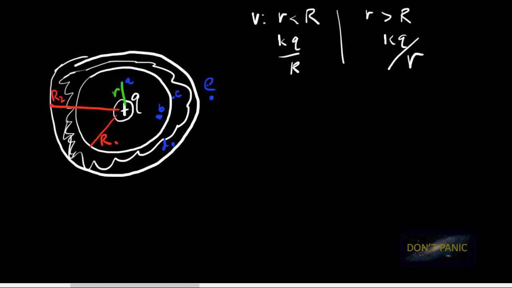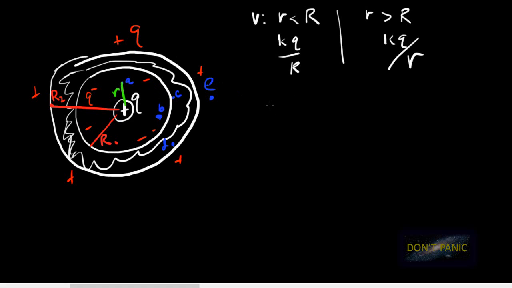Okay, so we know that the charge on the inner sphere is going to be negative q. So we're going to have a charge of negative q here and a charge of plus q on the outside. Okay, so for point A, you're inside both this inner conductor and the outer conductor.